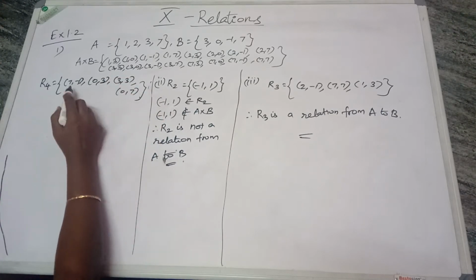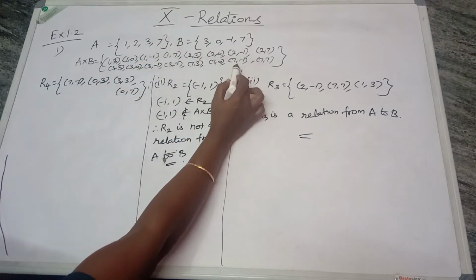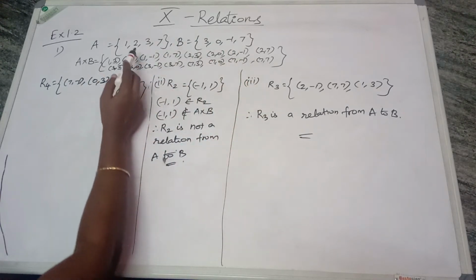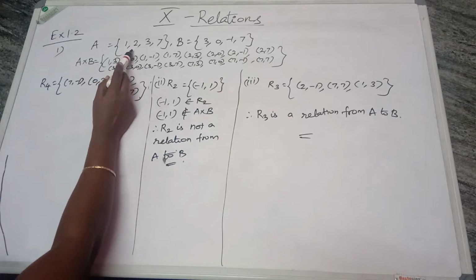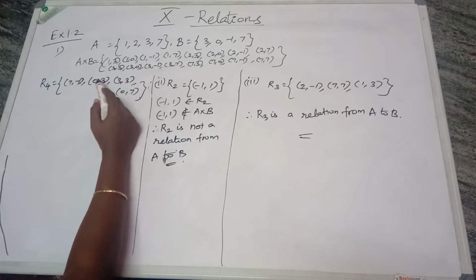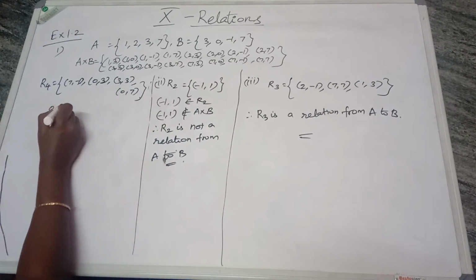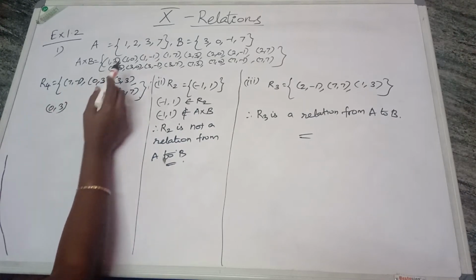Now we have to check whether (7, -1) is here or not. (7, -1) is there. And (0, 3): there is no 0 in the set A, so there is no such element (0, 3) in A cross B. (3, 0) is there, not (0, 3).